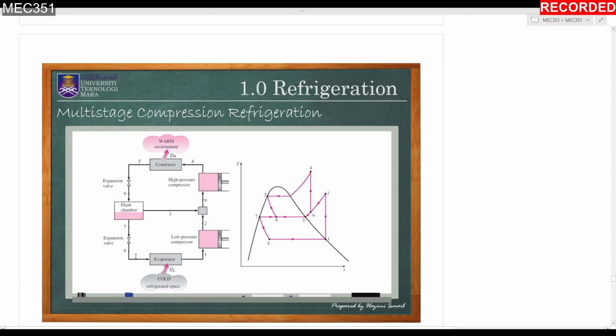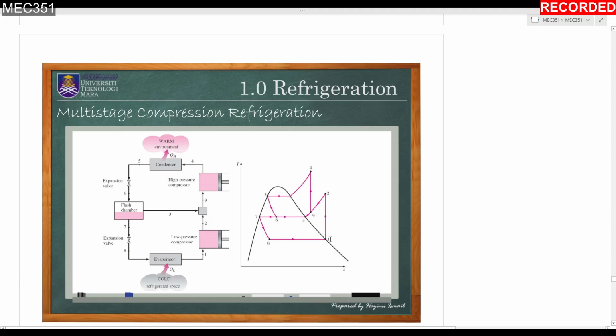Okay, and the remaining liquid in the flash chamber will pass through to the expansion valve in the lower stage, and then at state 8, at the exit of the expansion valve, it will absorb heat from the refrigerated space and change into vapor at state 1.